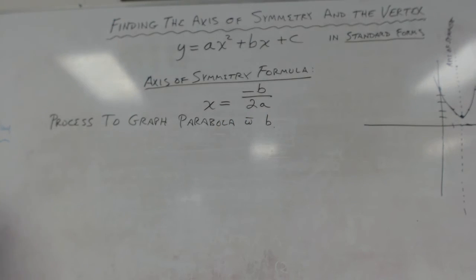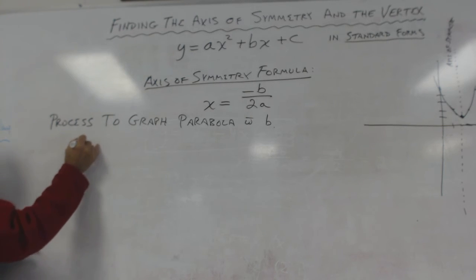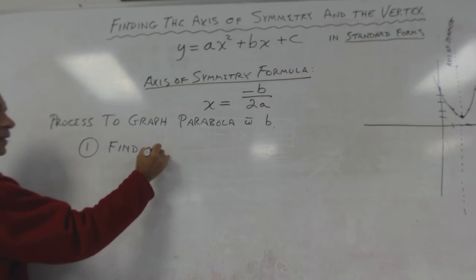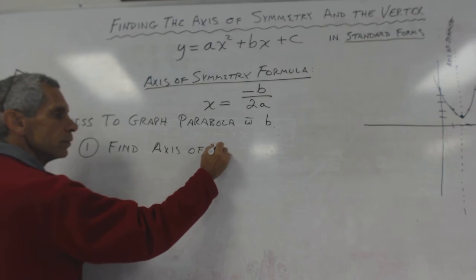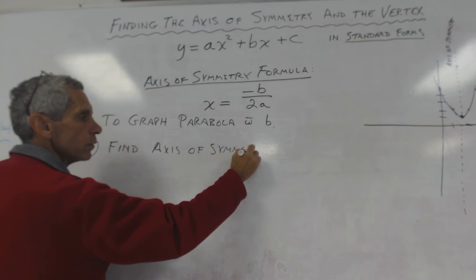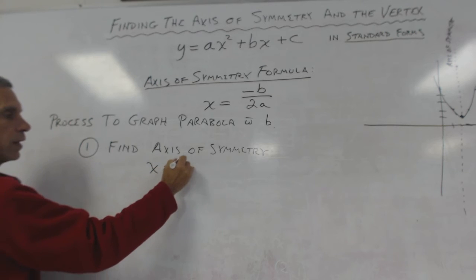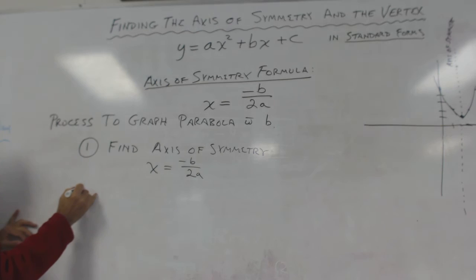You know what I mean by saying with a B? Okay? So number one, find the axis of symmetry. Right? And that's using x equals what? Negative b over 2a.